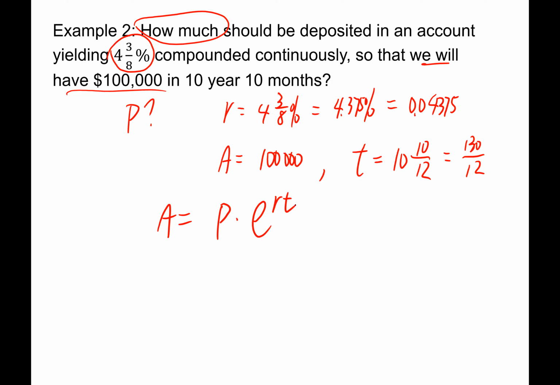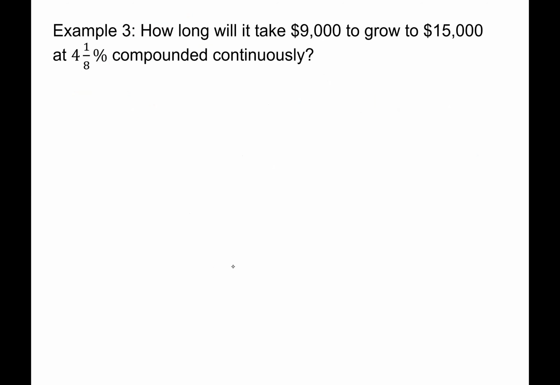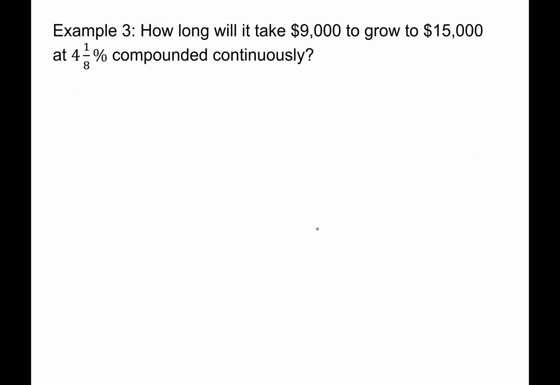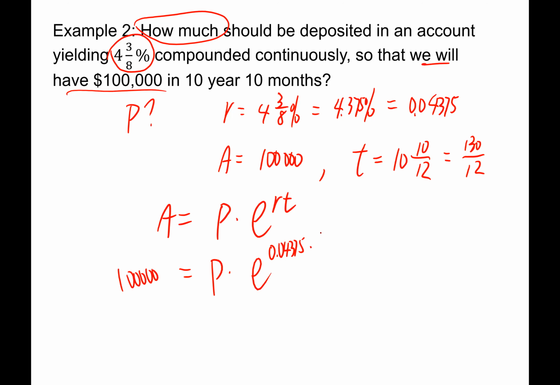I just have to plug all the numbers into the formula. So 100,000, that's the ending balance, equals principal times e to the rate, 0.04375, times this time t in fraction, 130 over 12.